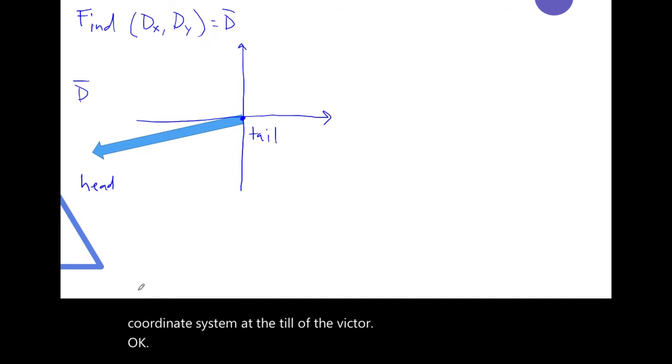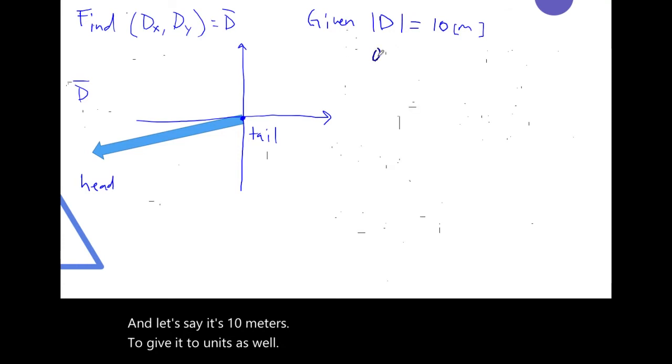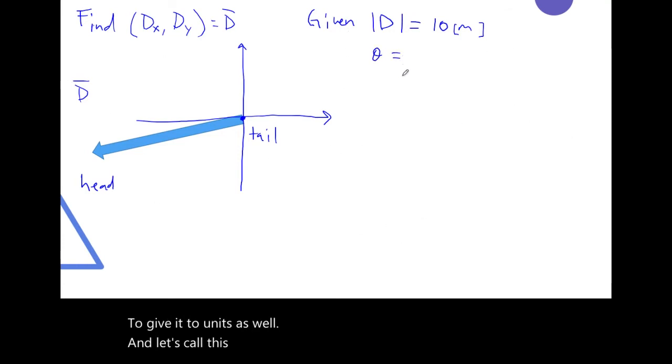Okay. And let's say we're given the magnitude. Let's say it's 10, and let's say it's 10 meters to give it units as well. And let's call this angle, let's say it's 190.